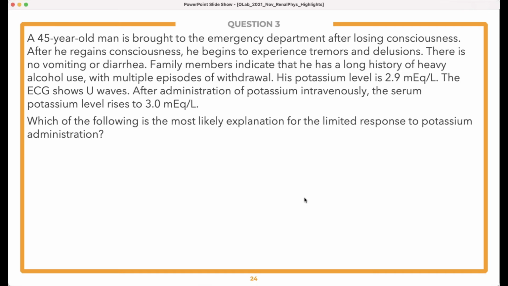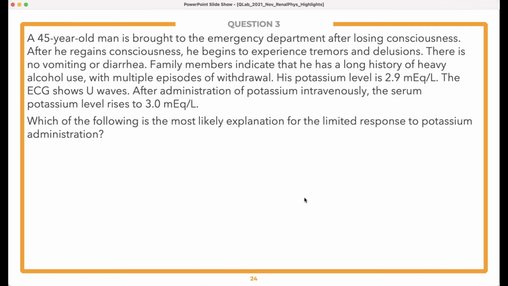The ECG shows U waves. After administration of potassium intravenously, the serum potassium level rises to 3.0. So again, which of the following is the most likely explanation for the limited response to potassium administration? And with that, I will turn it over to Paris.